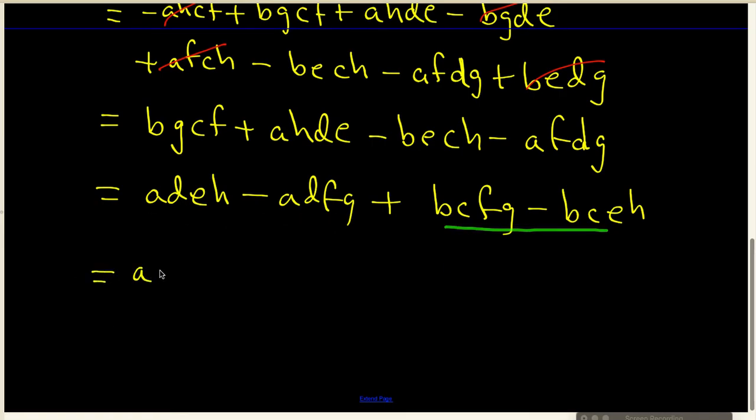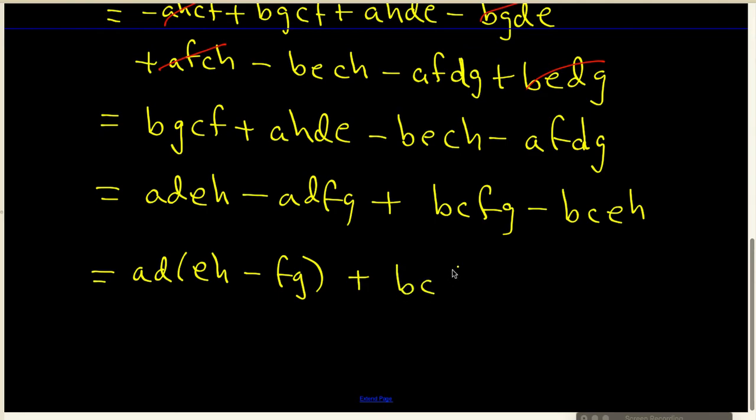So we have an AD times (EH minus FG). And over here we have a BC times (FG minus EH). And what I want to notice is that the stuff in the parentheses are almost matches, but this one is the additive inverse of that one.